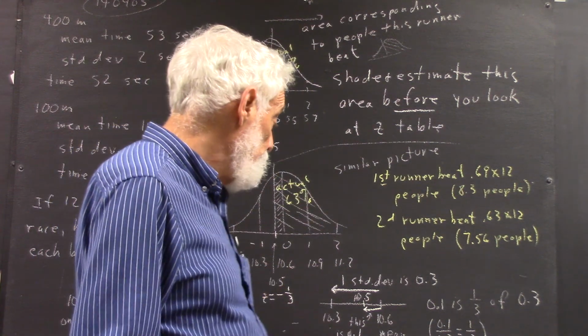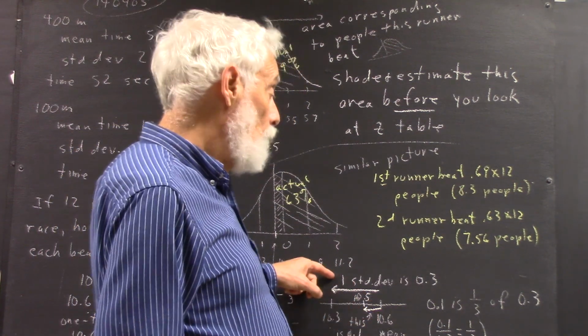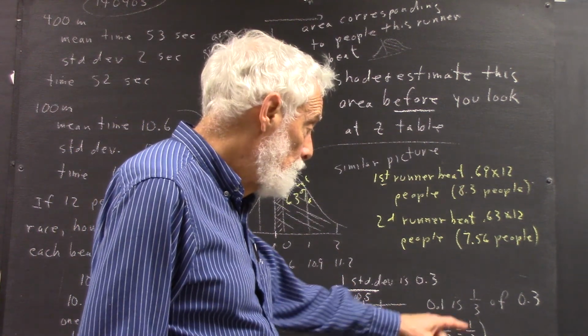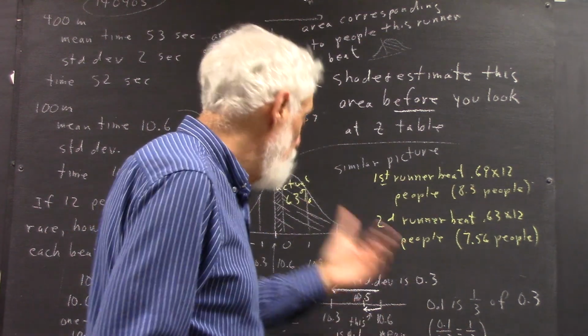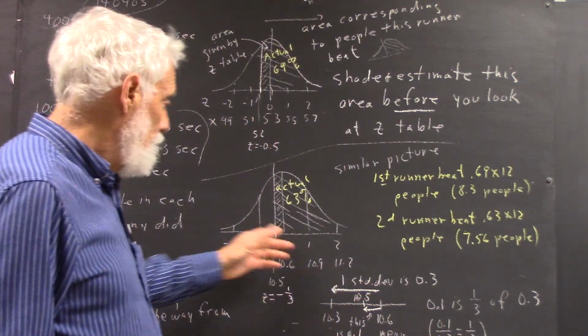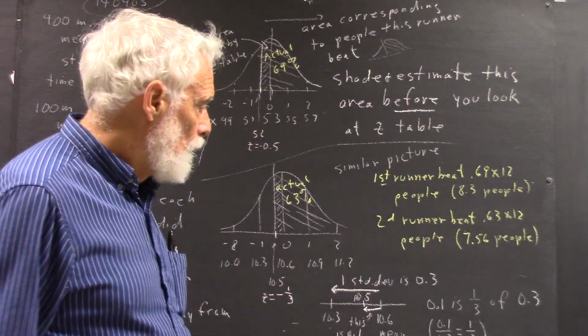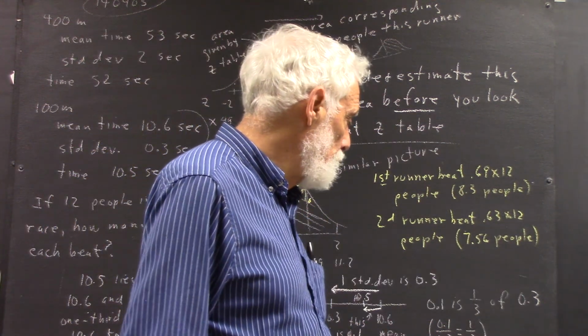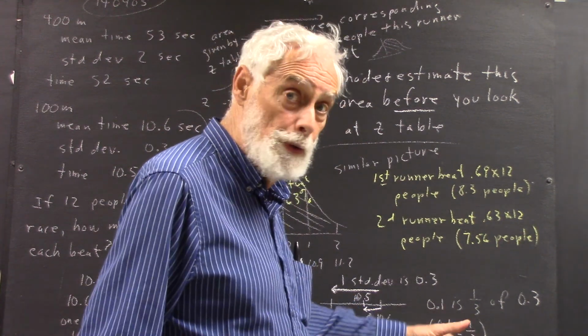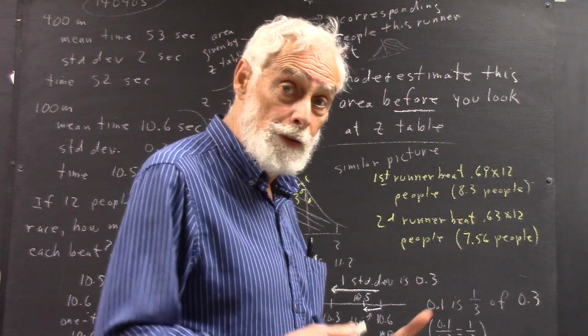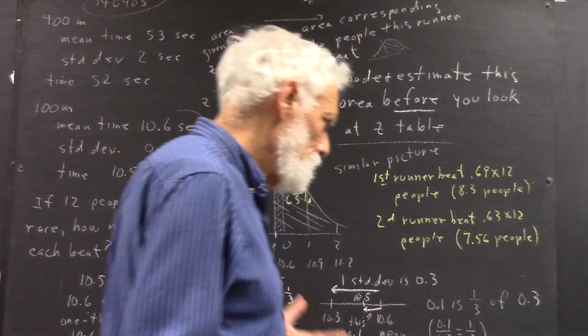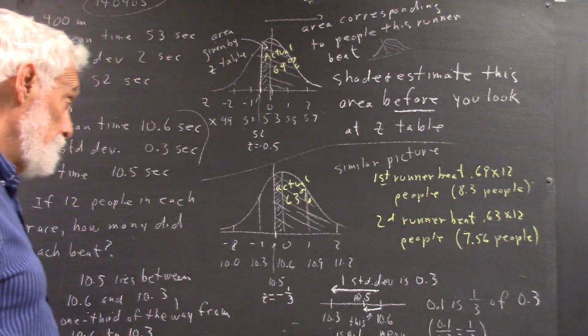What's the fraction? Well, 0.1 over 0.3 is 1/3. If it's not already obvious to you that this is going to be 1/3, okay? 0.1 is 1/3 of 0.3 because 0.1 over 0.3 is 1/3, and that goes back to what division really means, which is something that people don't always have a good handle on.